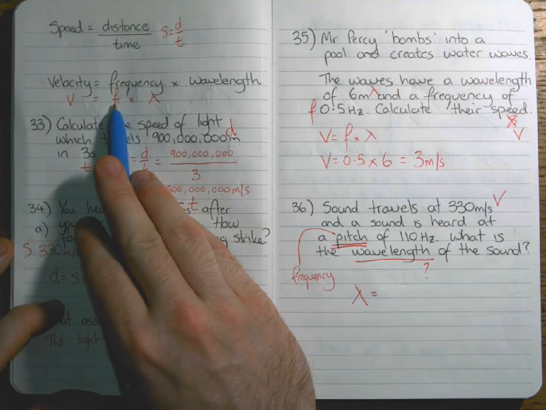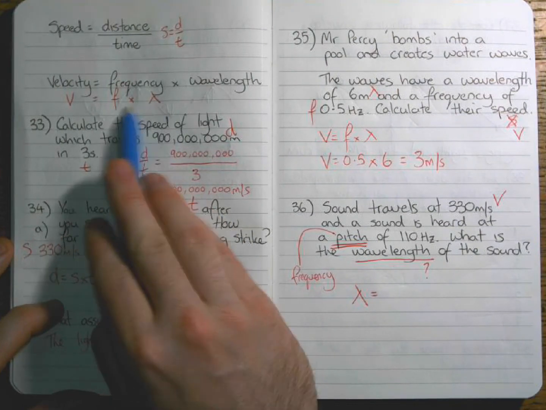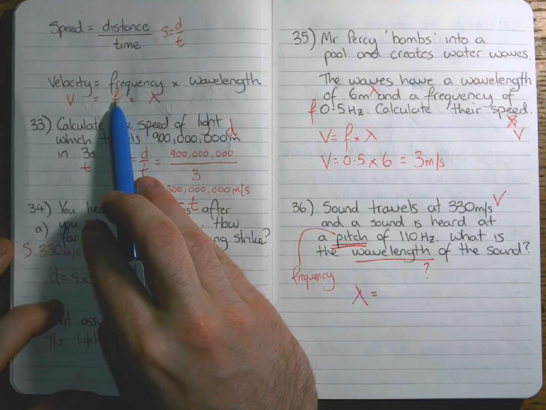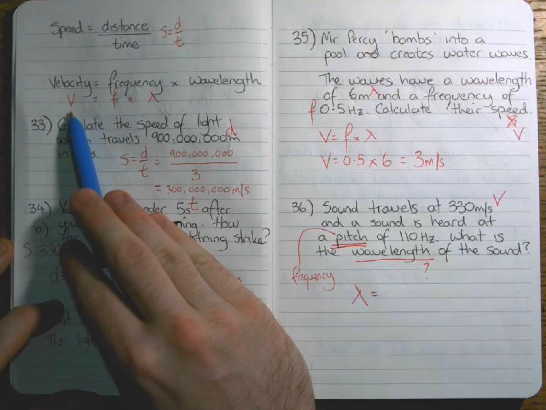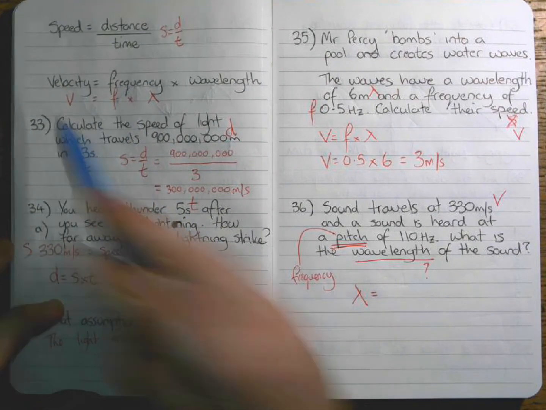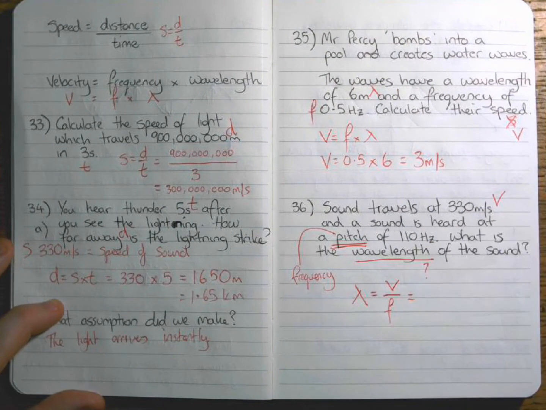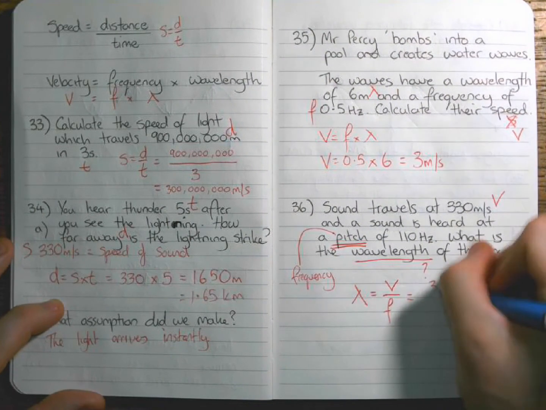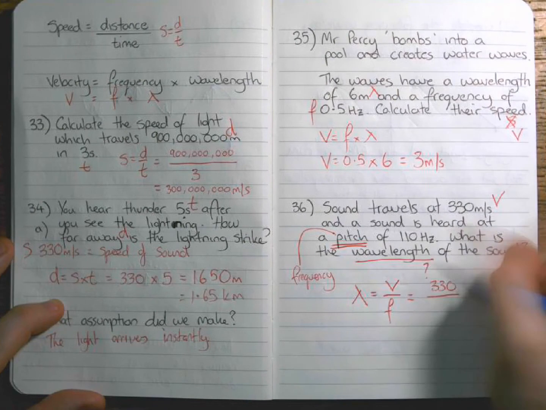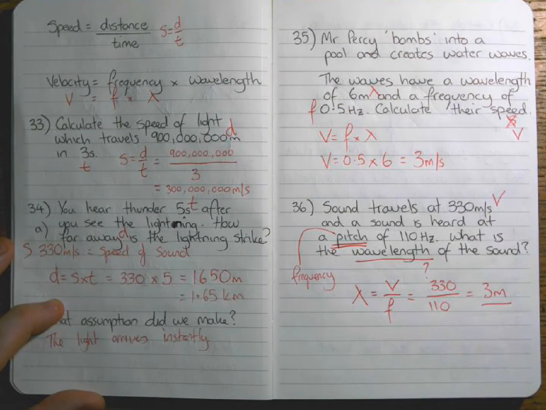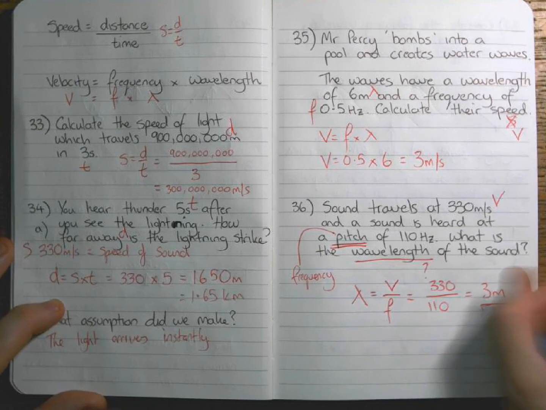We need to get rid of the f. Because they're multiplied, the f gets moved to the other side of the equal sign and it goes underneath the v. So lambda equals v divided by f. And then we just put our numbers in. 330 divided by 110. Final answer is 3 meters.